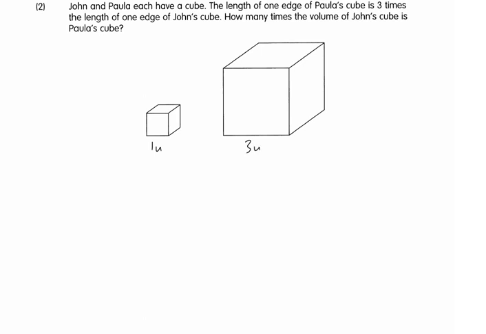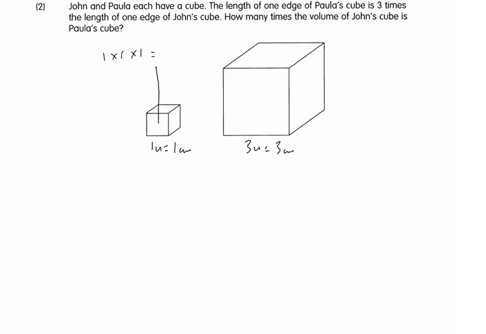It's actually the same. If you treat this as 1 unit is 1 cm, and this is actually 3 cm, you'll know that the volume is 1 multiplied by 1 multiplied by 1, which is 1 cm cube. Here the volume is 3 multiplied by 3 multiplied by 3 equals to 27 cm cube.